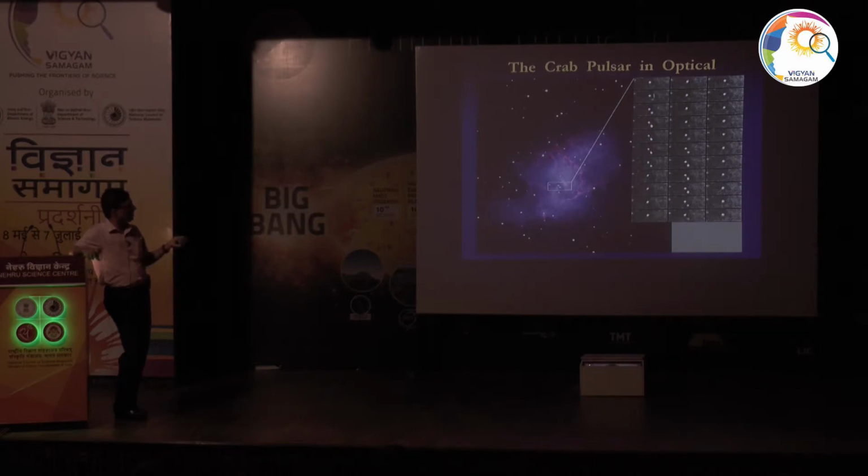So literally you can see it going on and off in optical images of the Crab pulsar, and this is actually the supernova remnant from where the explosion took place, and this is the core of that neutron star which is now being seen as a pulsar.